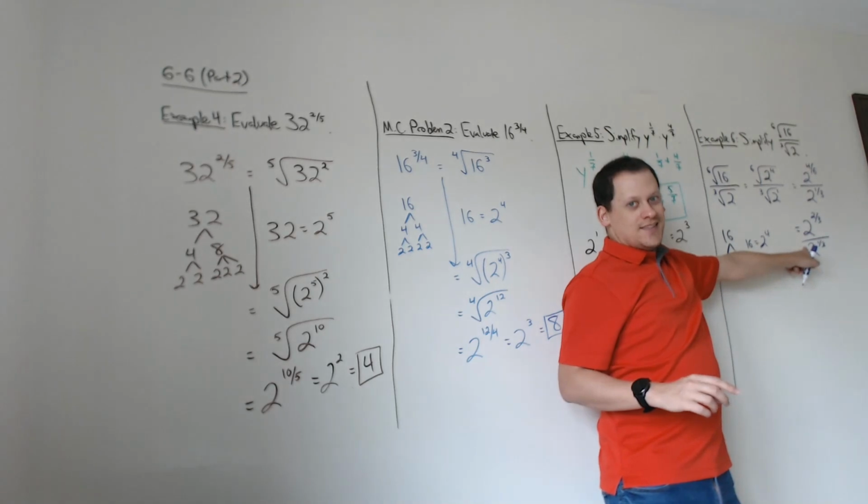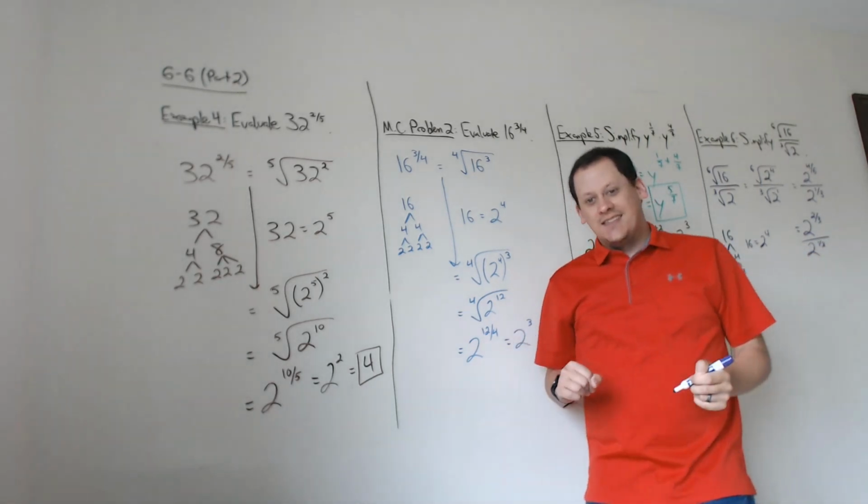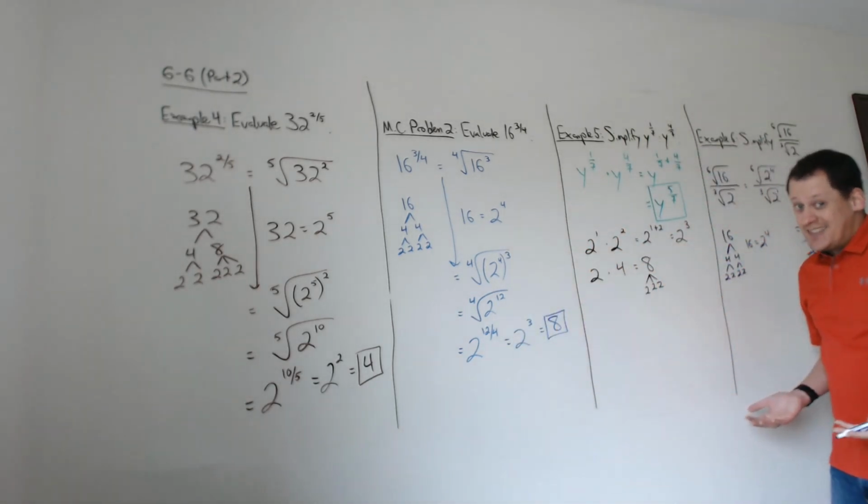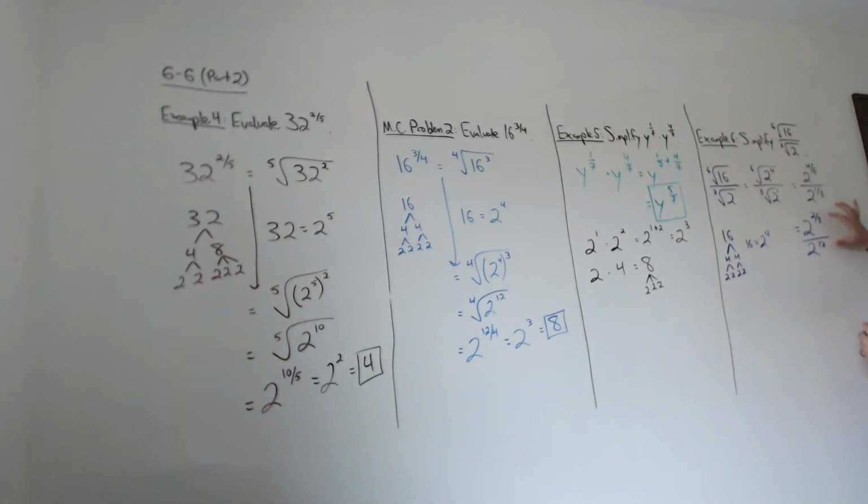Did you guess subtraction? If you did, that's it. So this is the same as 2 to the 2/3 power minus 1/3. Okay? So we take these exponents and subtract here. So what is 2/3 minus 1/3?